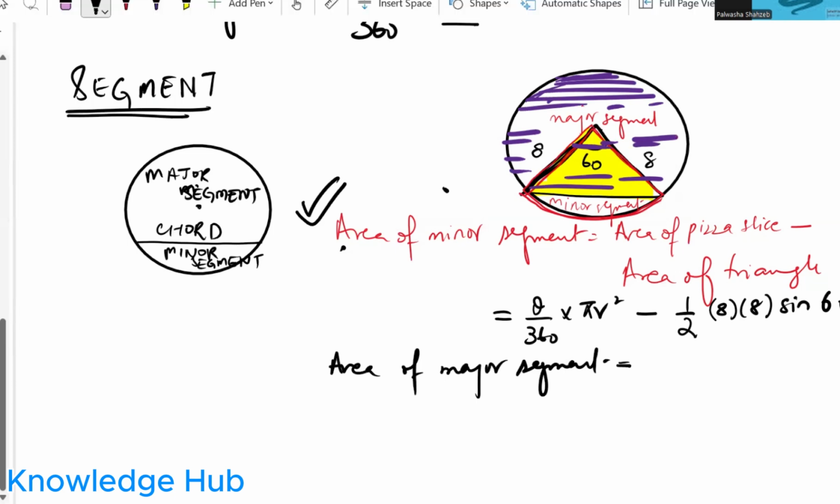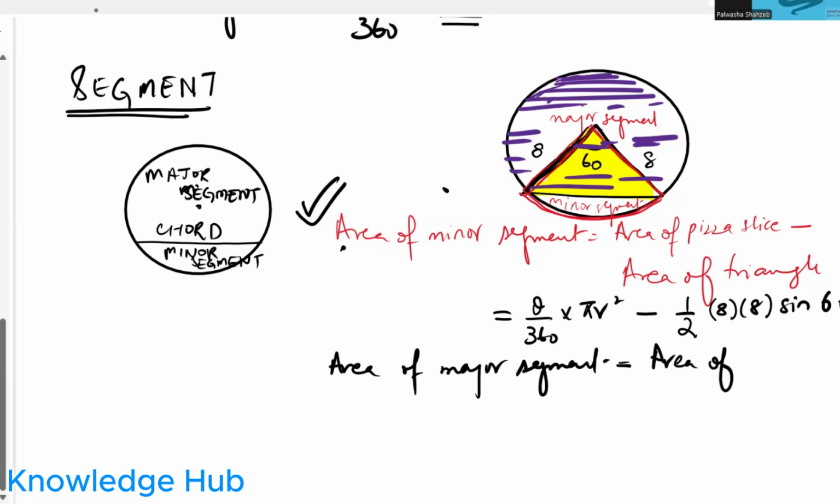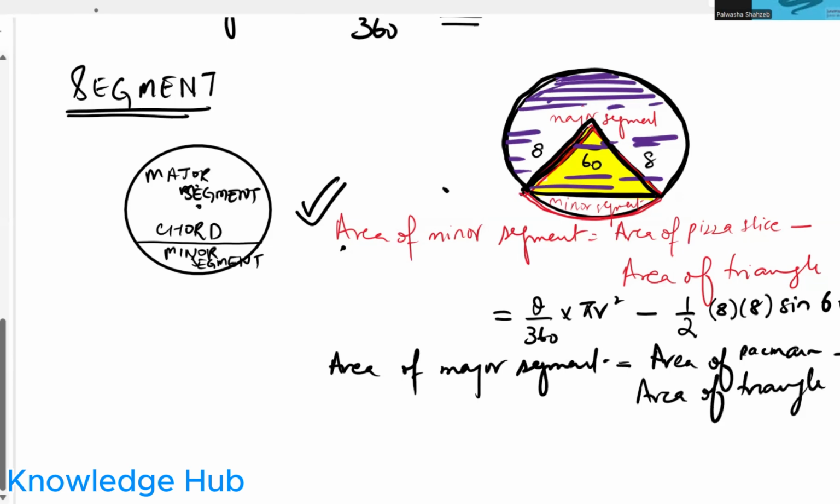That would be the area of, yes, what is this? Area of Pac-Man plus area of triangle.